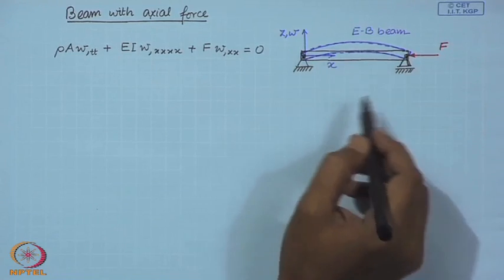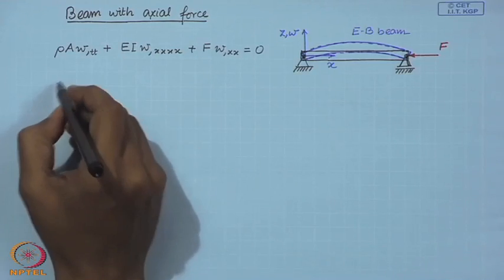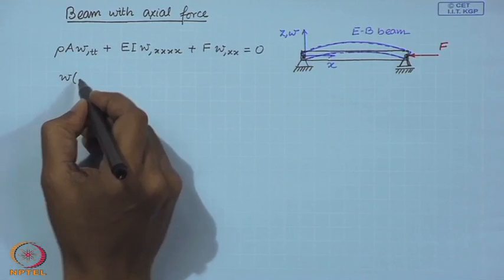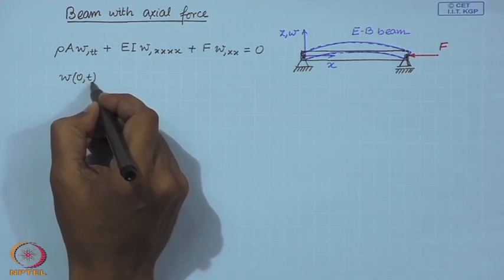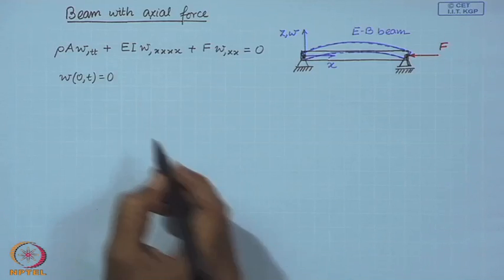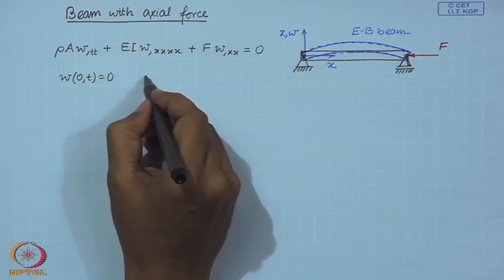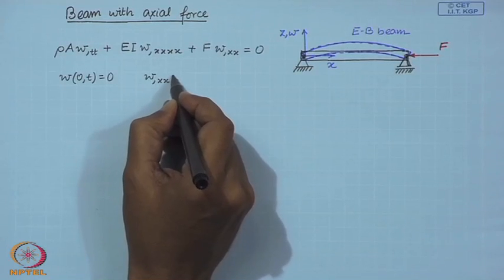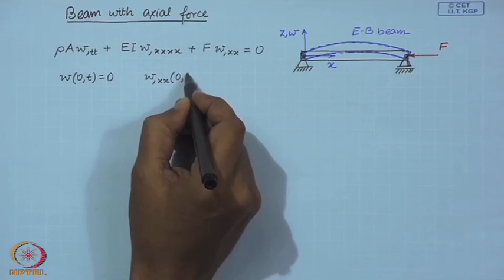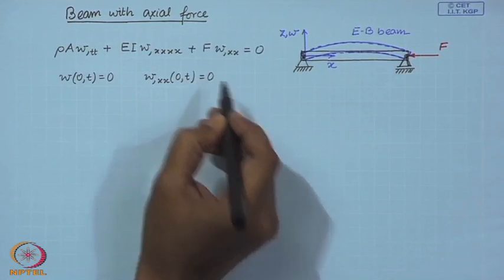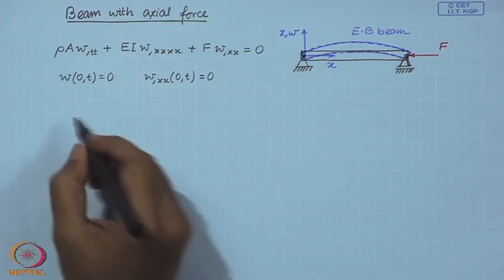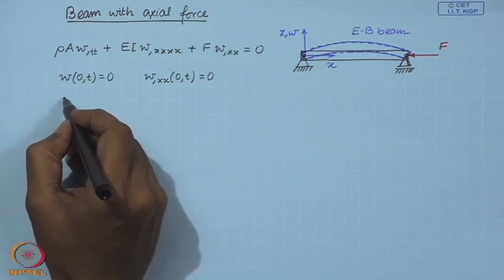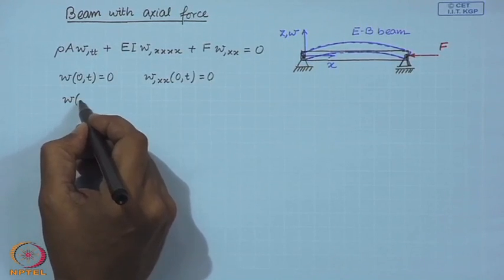Now, the boundary conditions: the deflection and the bending moment at 0 and L must vanish.